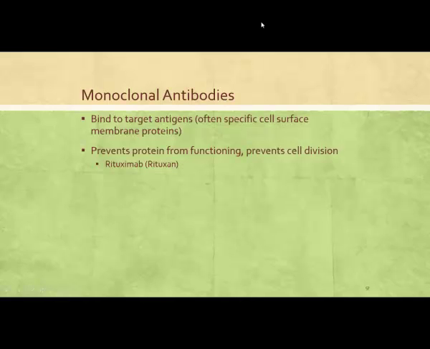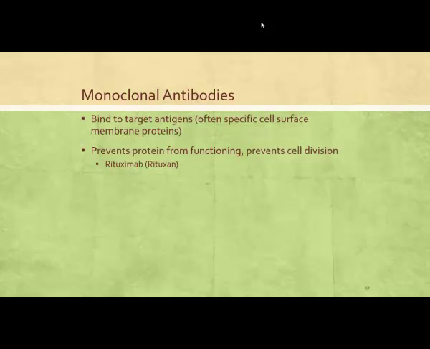The monoclonal antibodies, when we think about an antibody, remember, an antibody works to attach to an antigen to essentially kill that target. So the monoclonal antibody therapy combines actions from immunotherapy and targeted therapy to help treat specific cancers.